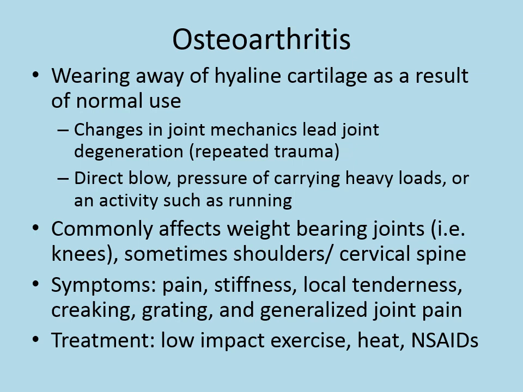So people who have, like an ACL tear and then they end up having surgery are more likely to get osteoarthritis earlier in that knee, say for instance, than the other one, because they've had a trauma and then the joint mechanics are going to be different after surgery. Also, this can happen as a result of a direct blow, pressure from carrying heavy loads over time, or activities such as running.